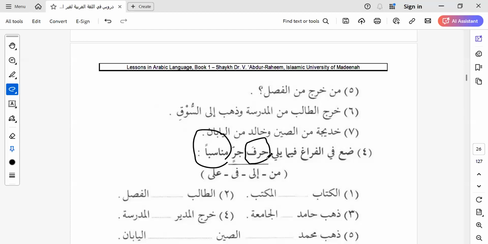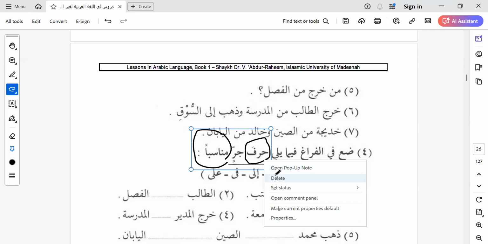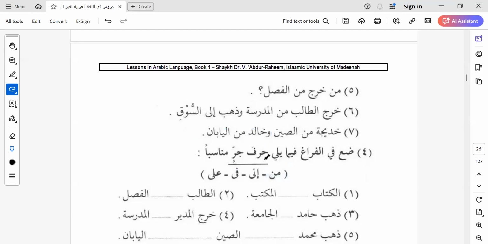We'll talk about mudaf and mudaf ilayhi. I think this is what we started our second lesson with. Before our test, when we finished the beginner class, there was a question we posted.